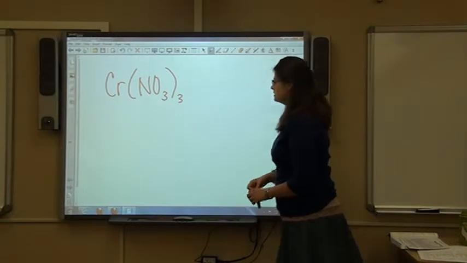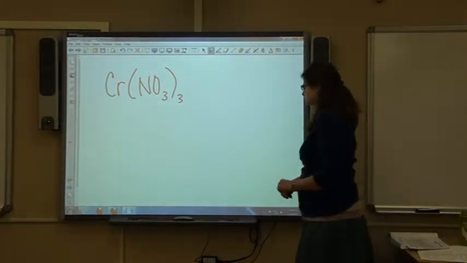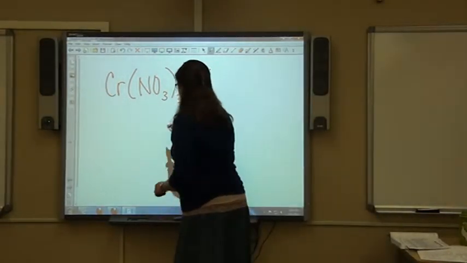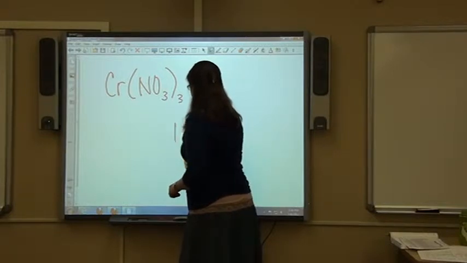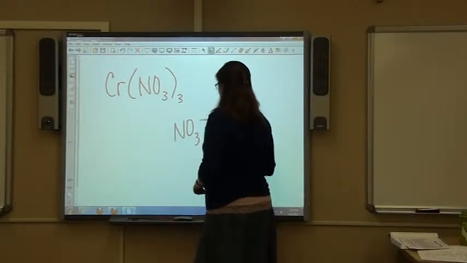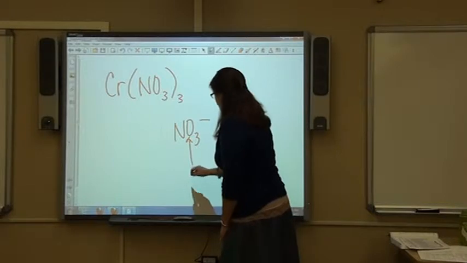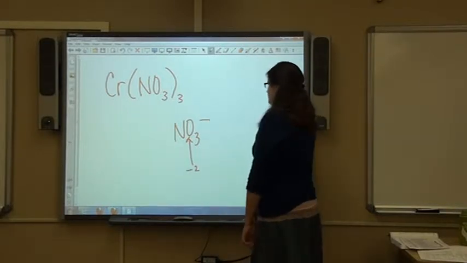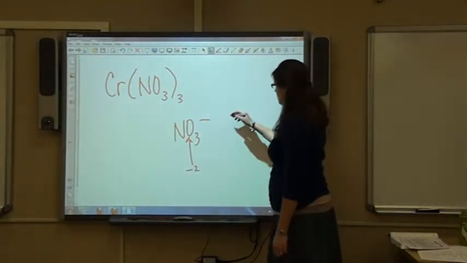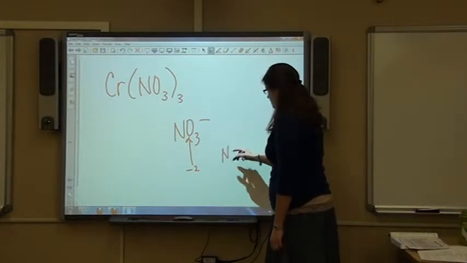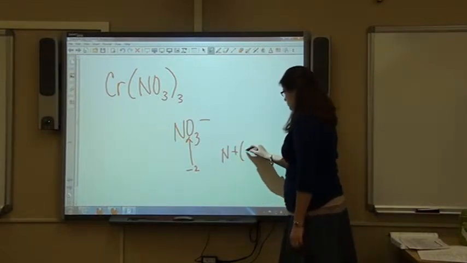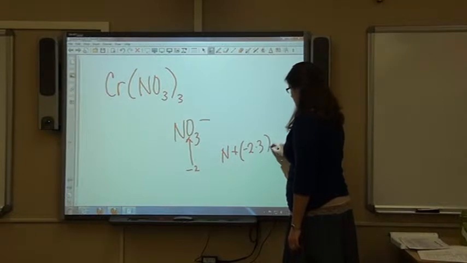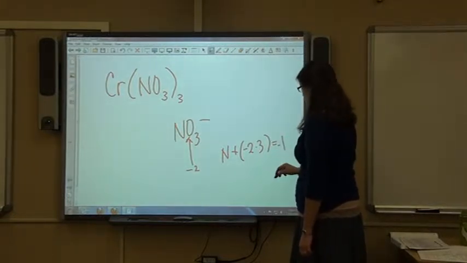Okay, here's an example of chromium nitrate. We can do the same thing that we did for that iron hydroxide. NO3 has a 1- charge. The oxygen is -2. The N we don't really know about, so let's solve an algebra problem for that. There's 1 nitrogen plus -2 times 3 has to all add up to -1.